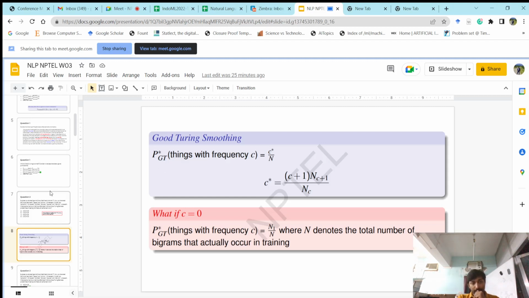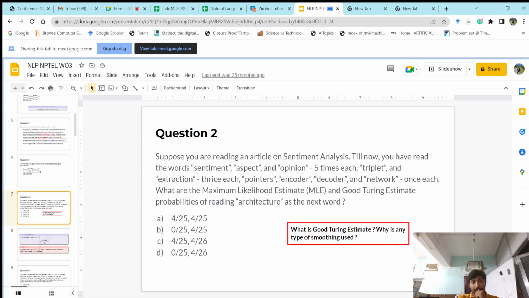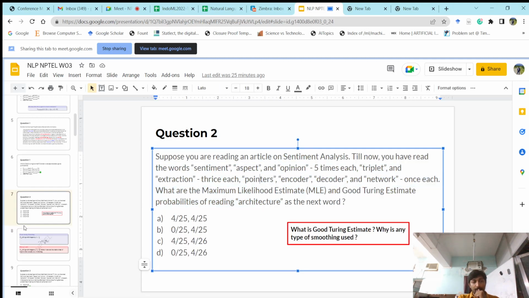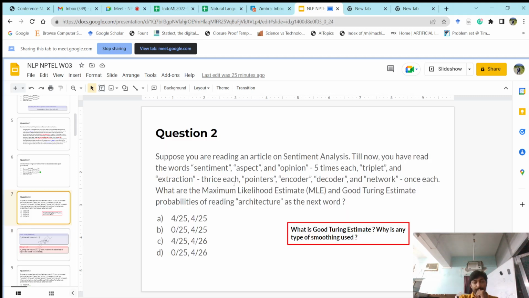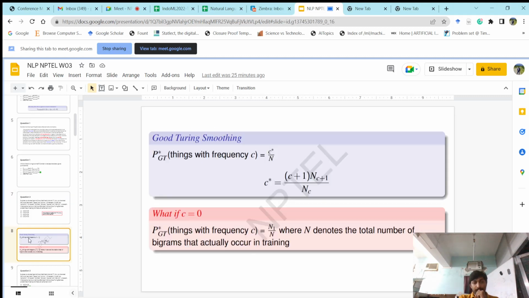Here, since we don't have the architecture word in the corpus, we will use a simpler version of that, which is P star GT equals N1 by N, since C is equal to 0 in this corpus, where N1 is the total number of unigrams by the total number of all the words.